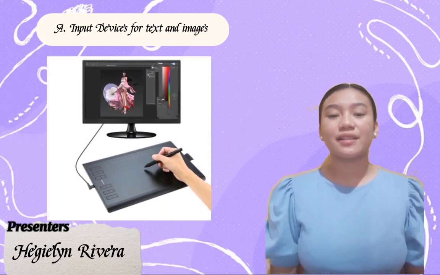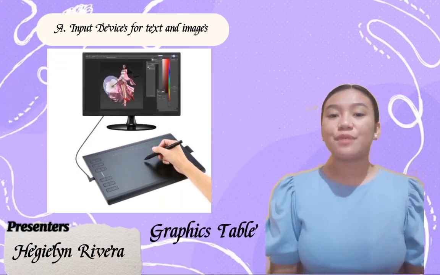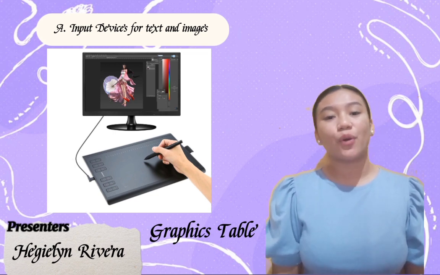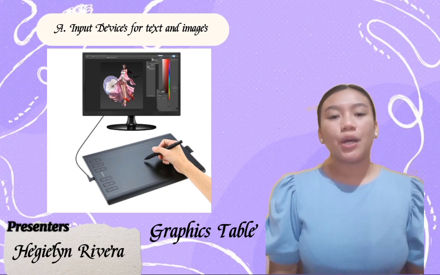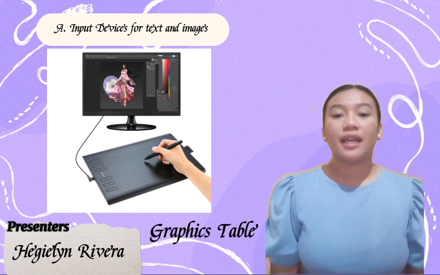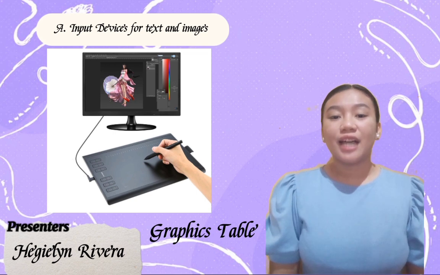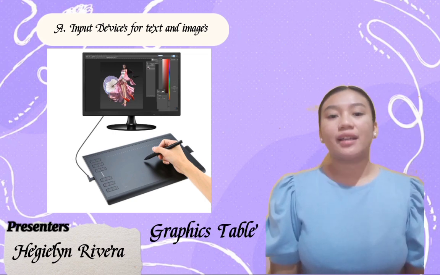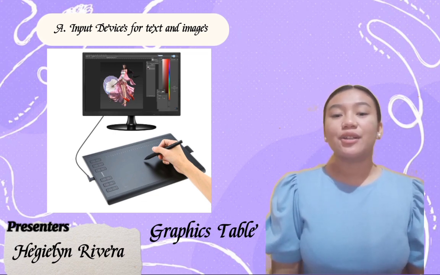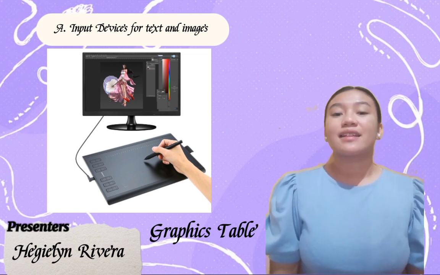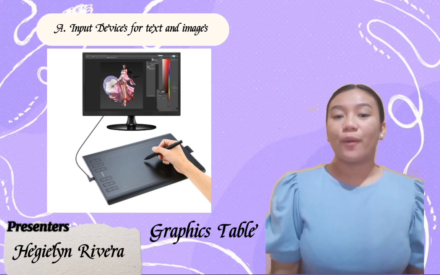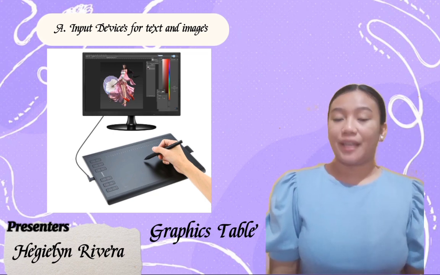Another is the graphics tablet. This is used by artists, which allows them to draw a picture onto a computer screen without using a mouse or keyboard. It consists of a flat, touch-sensitive pad and a drawing device, either a pen or stylus. If you remember when we did editing in Sibaw, this is what we used when we wrote our signatures. That is what we call a graphics tablet.